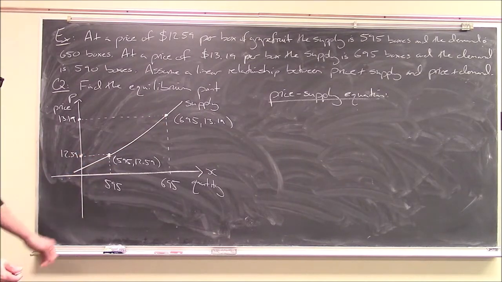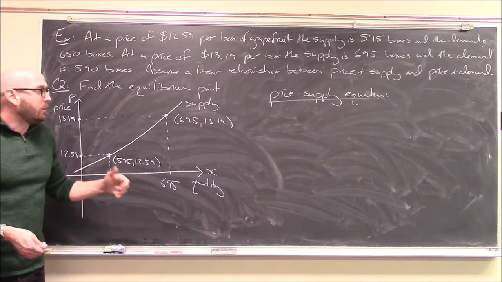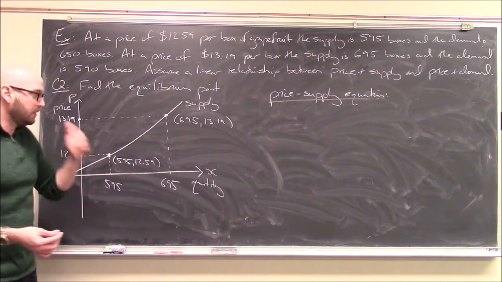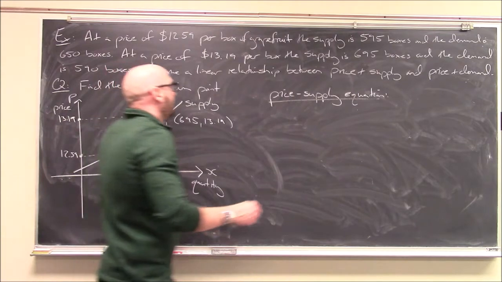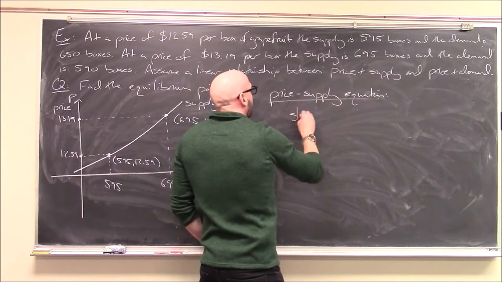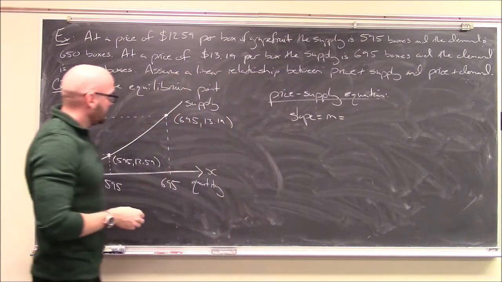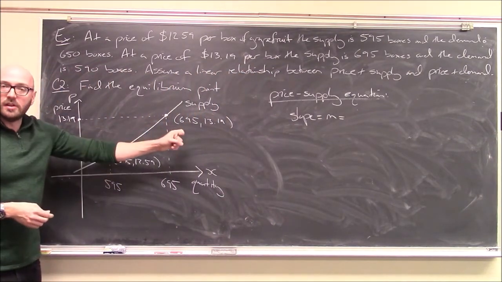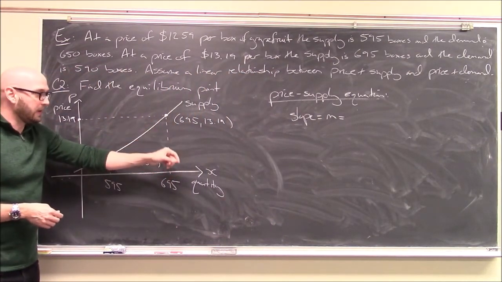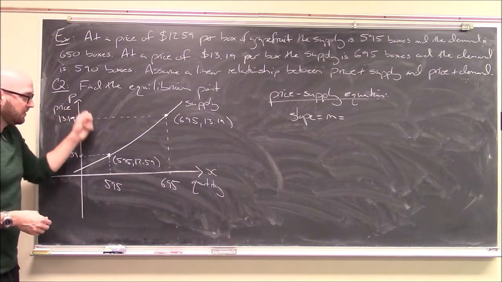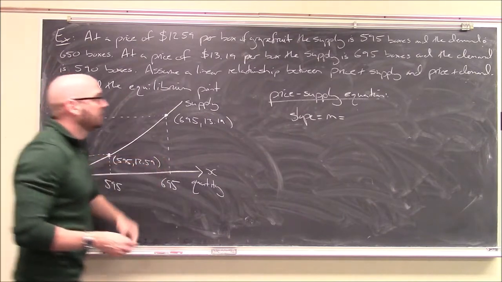So what do I need? I already have 2 points on the line, so all I need is the slope. If I have the slope and a point on the line, we can go with the point-slope form. I can compute the slope because I know 2 points on the line: rise over run, the difference in the p-coordinates over the difference in the x-coordinates.